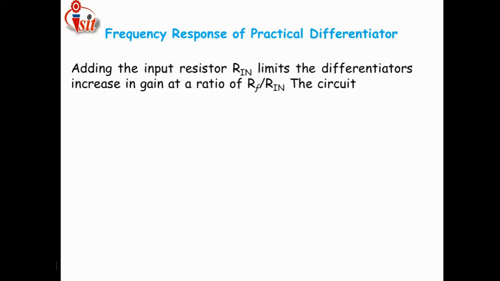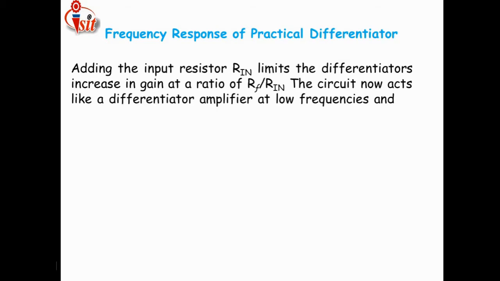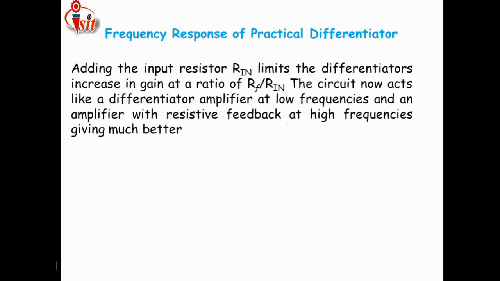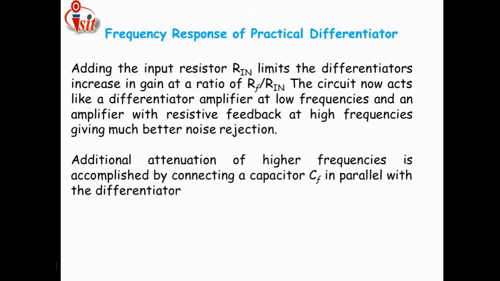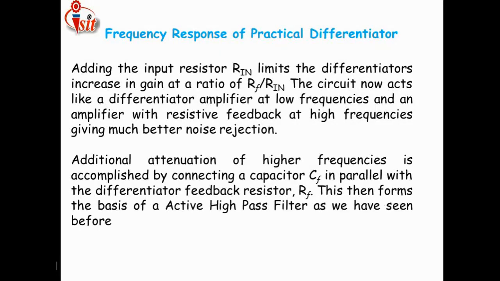Adding the input resistor Rin limits the differentiator's increase in gain to a ratio of RF divided by Rin. Additional attenuation of higher frequencies is accomplished by connecting a capacitor CF in parallel with the differentiator feedback resistor RF.